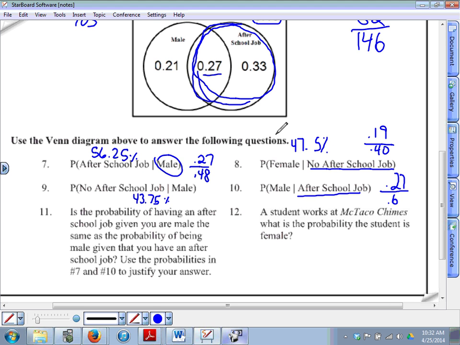So 0.27 divided by 0.6 is 0.45. Because if you choose all of the males, you're choosing some that don't have an after-school job, and the condition says they have to have an after-school job. It's how many males that also have an after-school job, over all the people that have that.